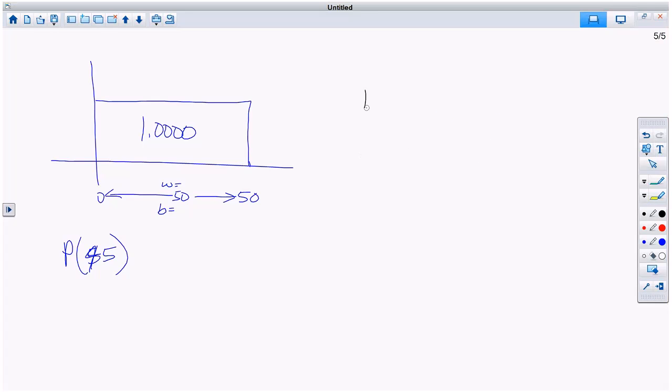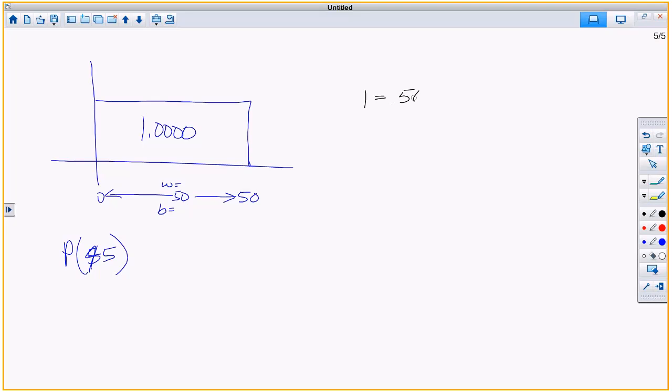So 1 is equal to 50 times the height. So the height is equal to 1 over 50. Now I'm going to take my red marker and draw a line right there, and we want to know this area right here, that's at 45 minutes.